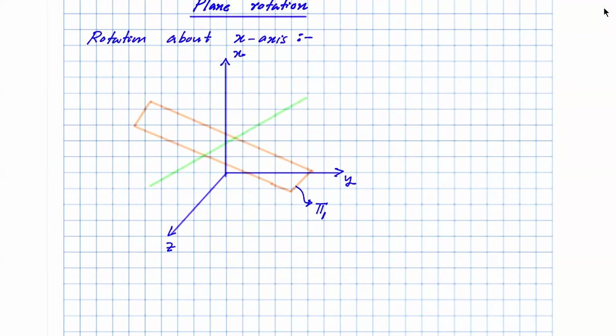Actually, not another plane. The same plane is rotated. It is rotated this much, theta angle. Right? Theta angle, it is rotated. Now, when it is rotated, your plane would be pi 2. It becomes a different plane now. Right?